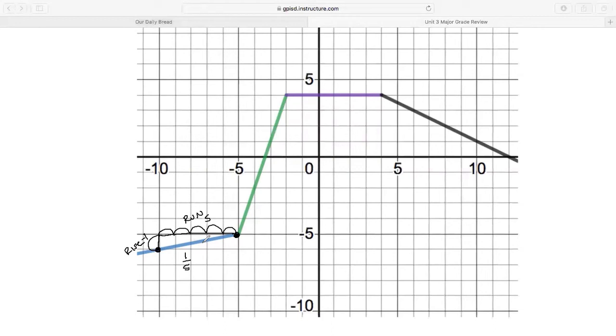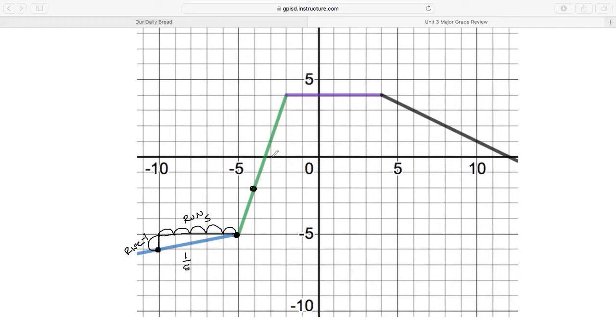Find the slope of the green line and tell me what it is. I don't know. I didn't even look at it yet.